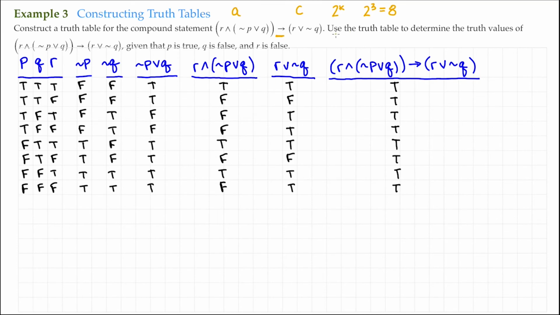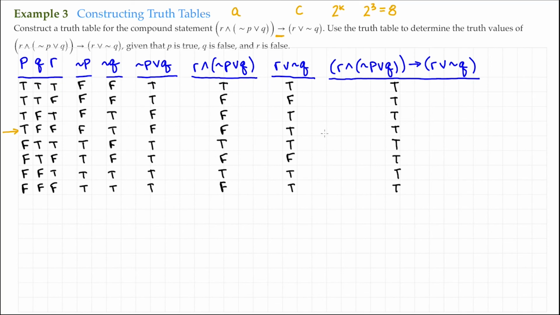So the question is, use the truth table to determine the truth value of this compound statement. This is it. Here's the truth table for it. Given that P is true, Q is false, and R is false. Well, right here is where P is true, Q is false, and R is false. I'm just going to put an arrow and point to it.